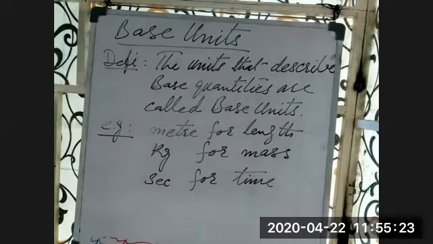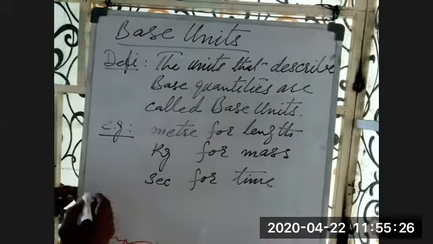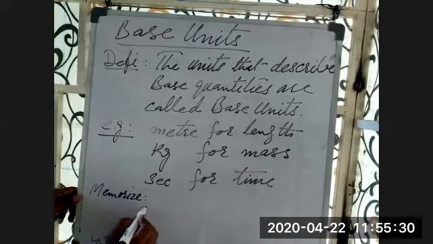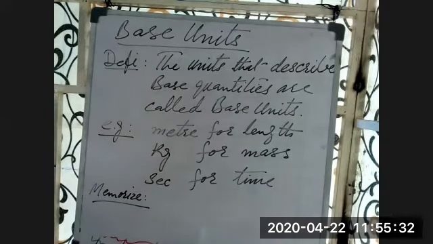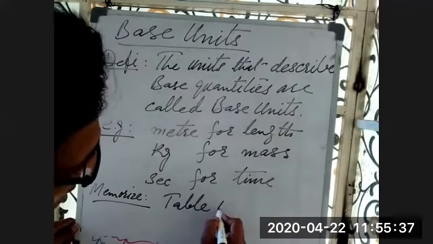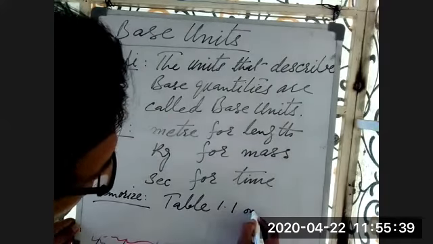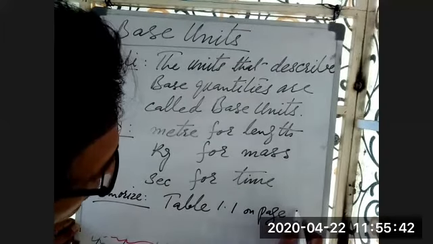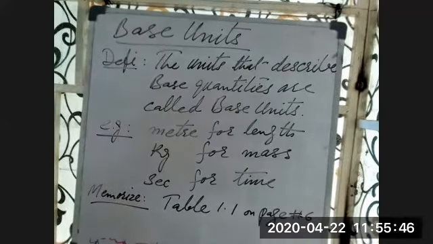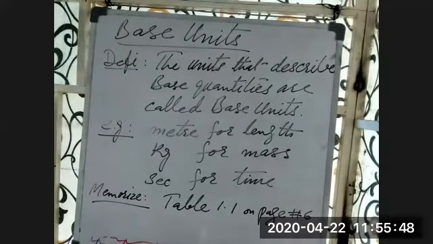Okay, now what will you memorize for it? You will memorize table number 1.1 on page number 6. I will provide you, or if you have the textbook, then it's on page number 6.